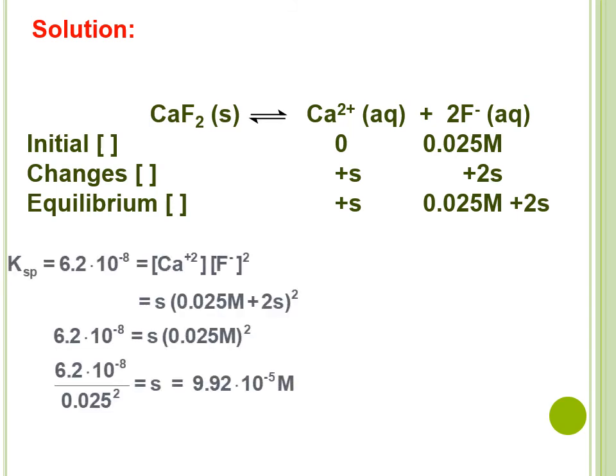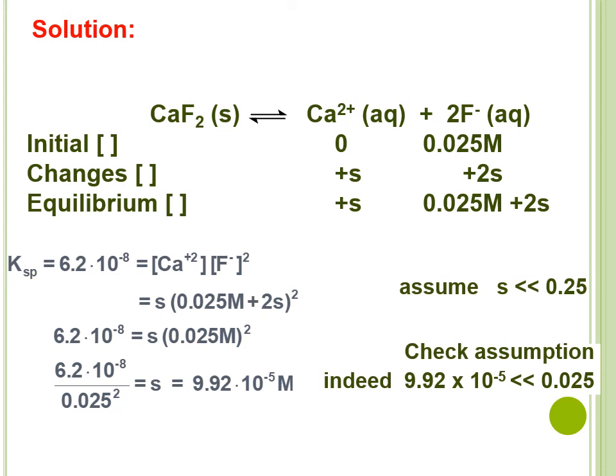Let's substitute the values into the KSP expression. 6.2 times 10 to the power of negative 8 equals the concentration of calcium ion times the concentration of fluoride ion. So S multiplied by 0.025 molar only, since we assume S is very, very small.